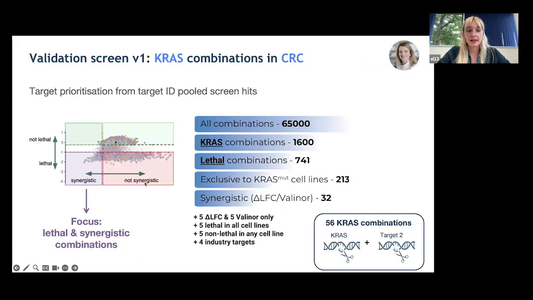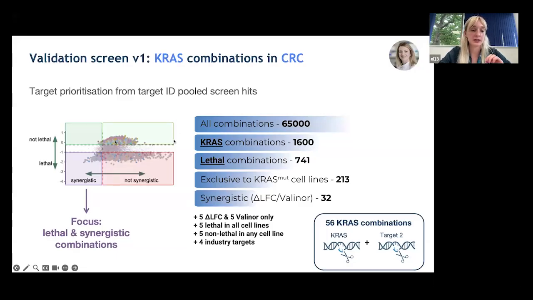So I've said that I would cover how we narrowed down this list of 65,000 combinations to a validation list of 56. So for Project ENCORE, we were thresholding based on what our biological question was. So as I said, we wanted lethal and synergistic combinations. And for version 1 of the validation screens, we initially selected KRAS as a priority anchor gene.